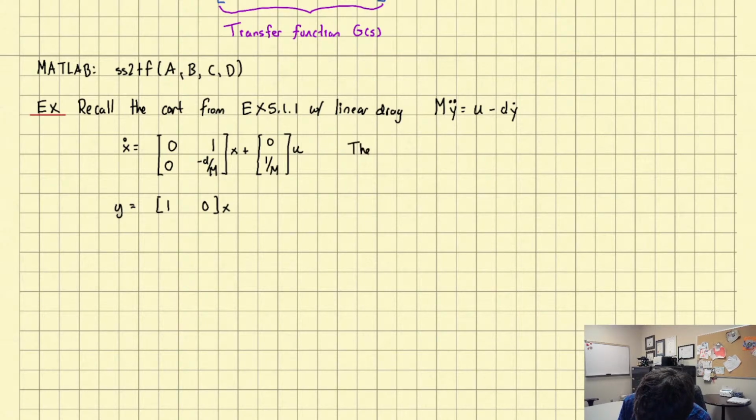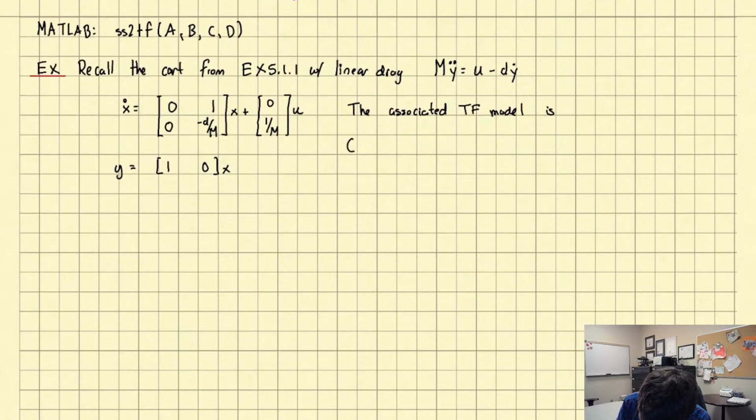The associated transfer function model is, well, we just go through the calculation carefully. I'm just writing down the equation that we derived above. In this case, there is no D matrix, so notice that D doesn't show up. Otherwise, I'd have a plus D showing up here, but there is no D matrix, so let's leave it at that. C comes from the output equation, so in this case, C is [1, 0].